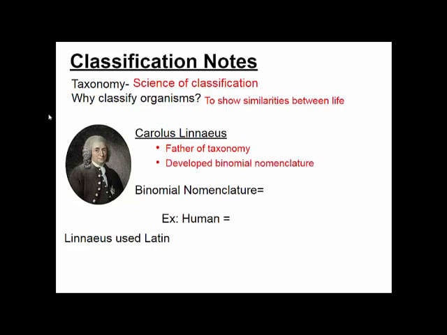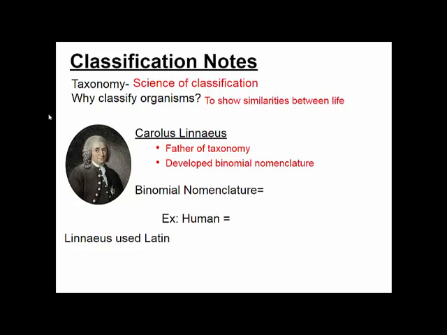Linnaeus came up with a system of what we call binomial nomenclature. That's a mouthful. Binomial nomenclature. What does the prefix bi mean? Two. Like a bicycle, that means two wheels.